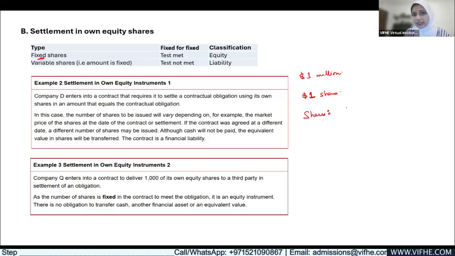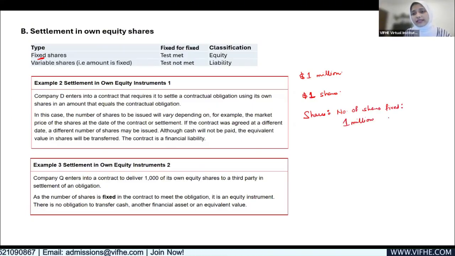And how many shares? I'm fixing the number of shares, and I'm saying those will be 1 million shares. So to repay the liability of $1 million, I will give you 1 million shares, payable after 2 years.